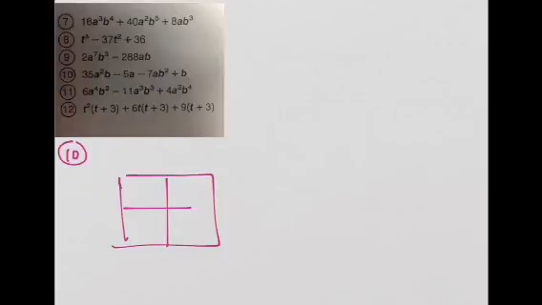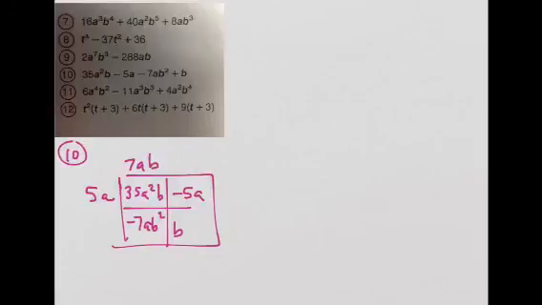So number 10 is another 4-termed polynomial. So I'm going to just fill in the little box. 35a squared b, negative 5a, negative 7ab squared, and b. So the greatest common factor in the first row right here is 5a. Something times 5a has to give me 35a squared b, so that would be 7ab.